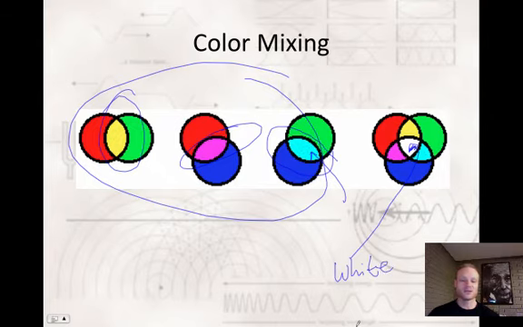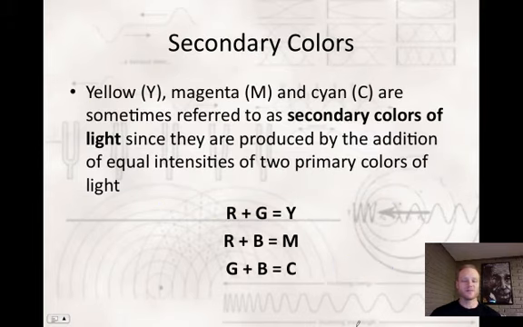So again, you can mix the primary colors to get different colors. Mixing at least two of the primary colors will get you secondary colors, and the secondary colors are yellow, magenta, and cyan. These are produced by mixing two primary colors of equal intensity.